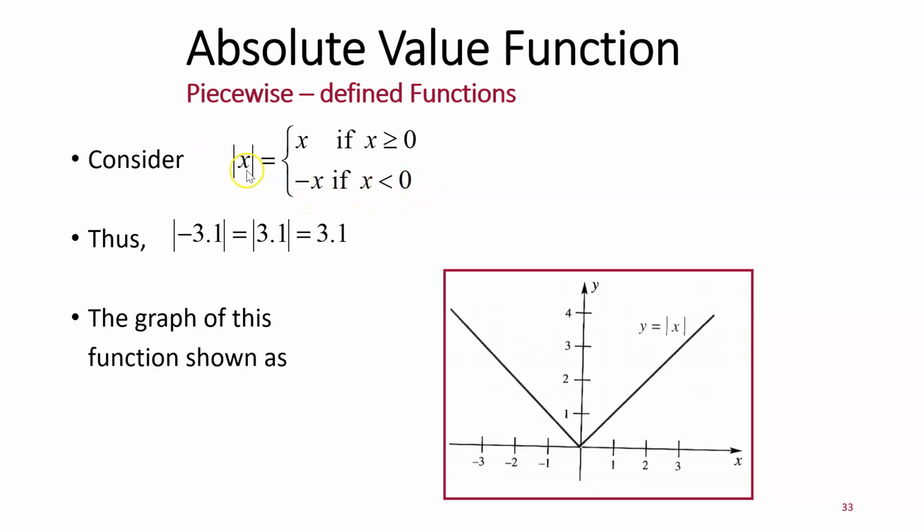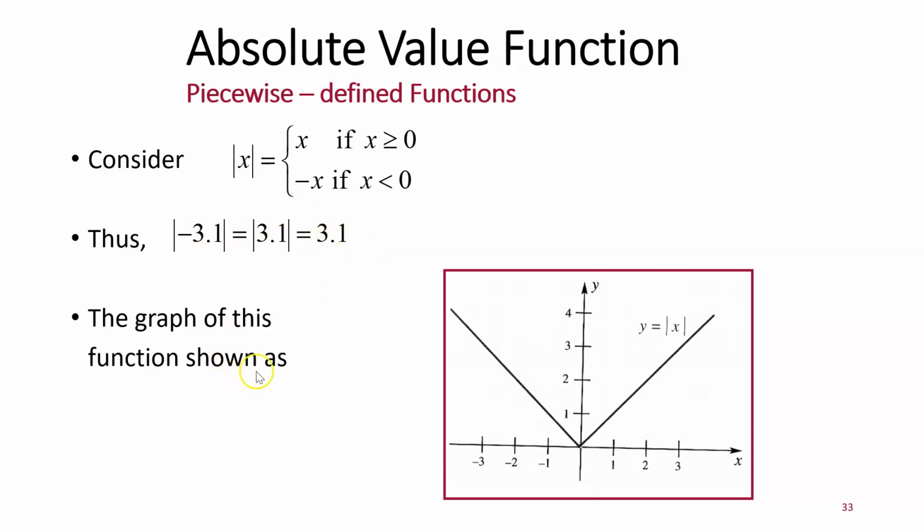Thus, the absolute value of negative 3.1 is also equal to the absolute value of 3.1, which is positive 3.1. So all of these things are actually the same.